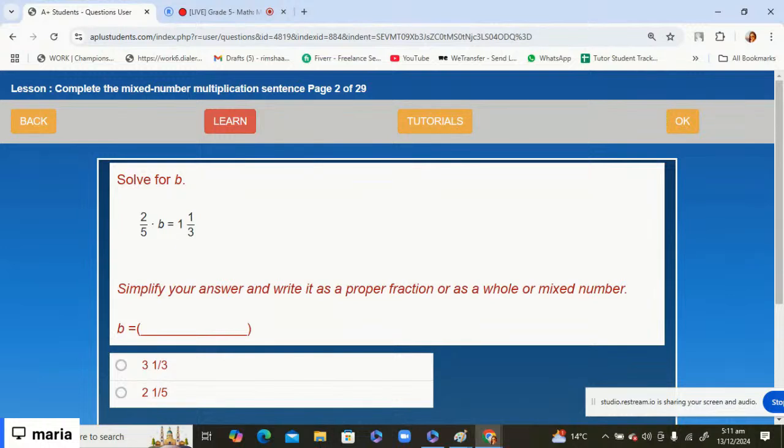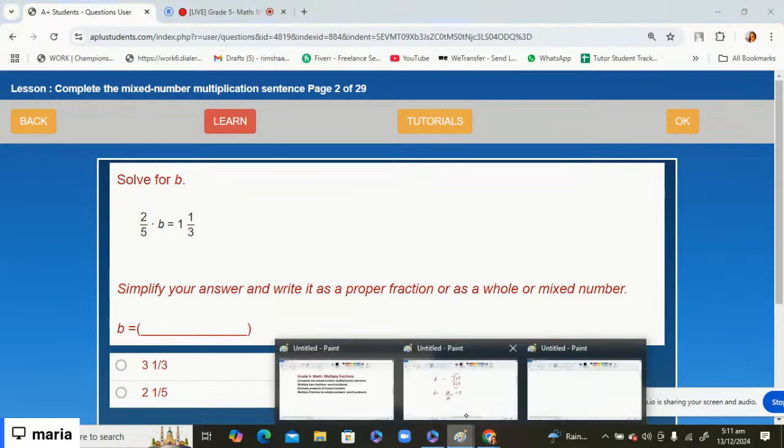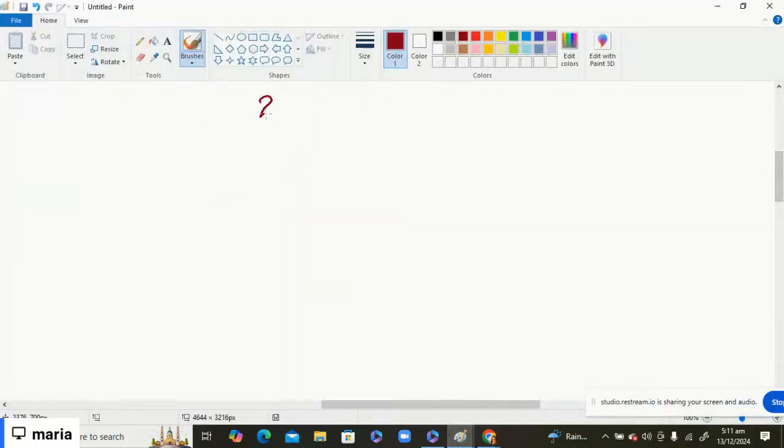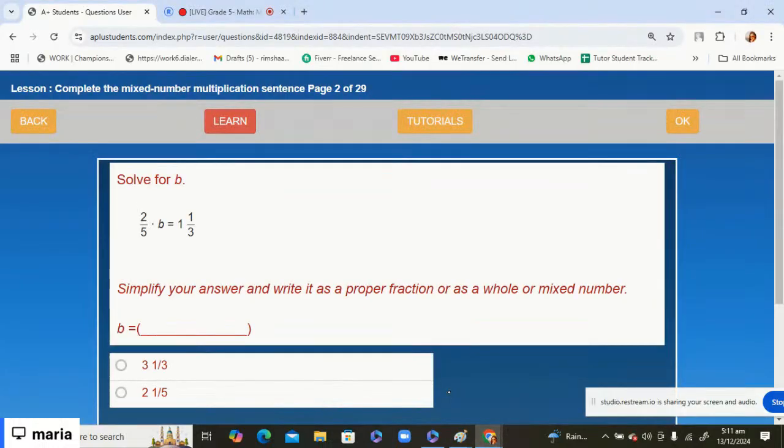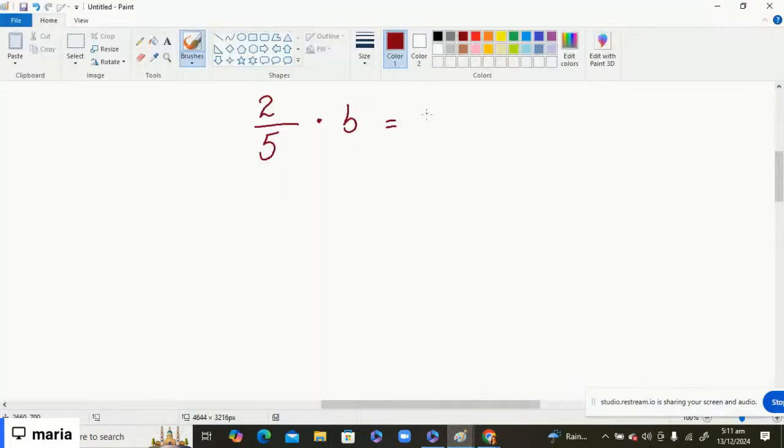And now 2 by 5 is multiply here. When it's moved to the next side, what does it become? 2 is divided and 5 is multiply on the top number. And 2 is divided, but it's multiply with the denominator. 2 by 5 dot, it's 2 by 5 multiply with the B, that is equal to 1 into 1 by 3.